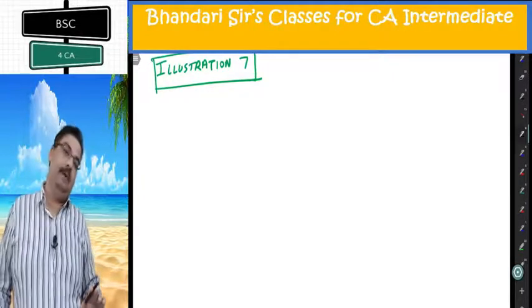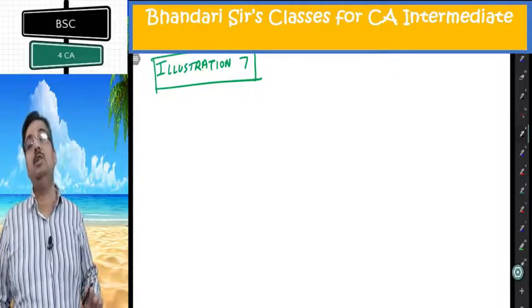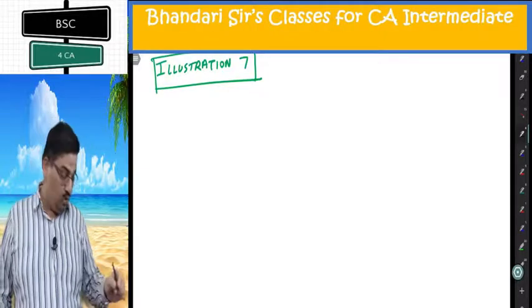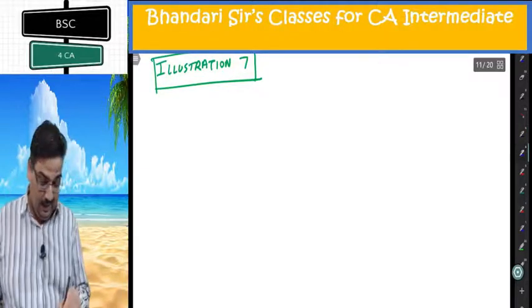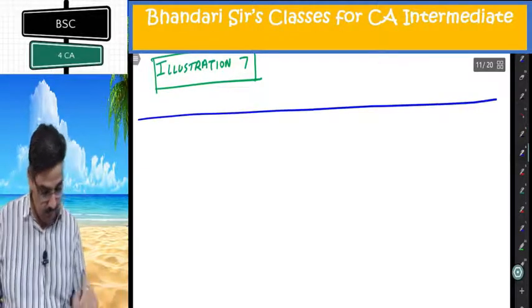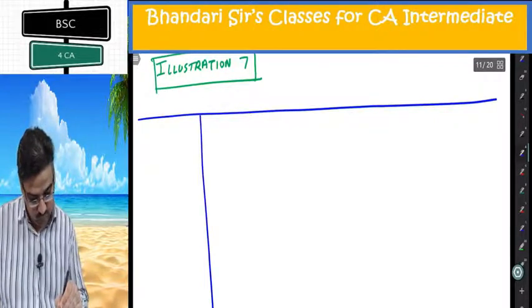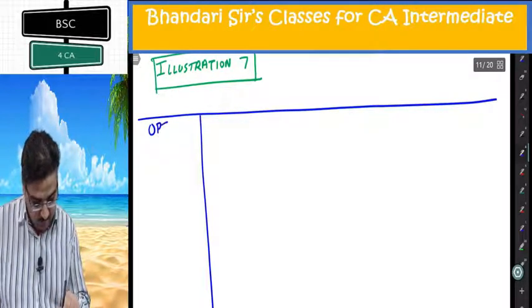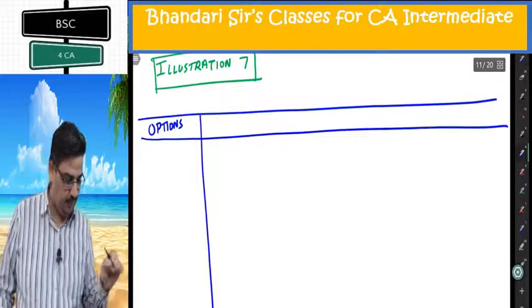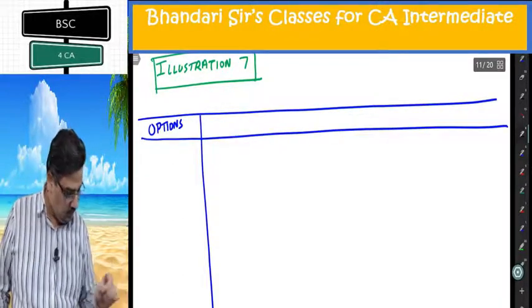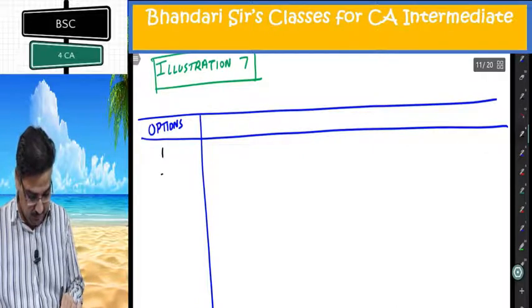Setup and carrying. The total of these is what he is wanting you to calculate. So what I'll do, I'll make a table. Options. There are 7 options.